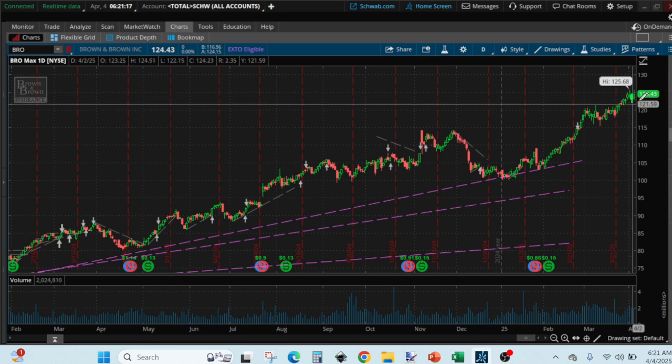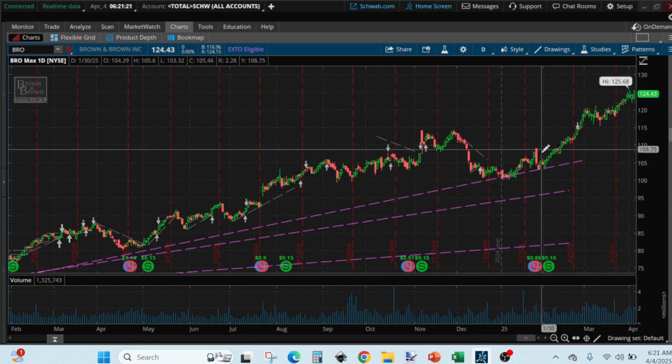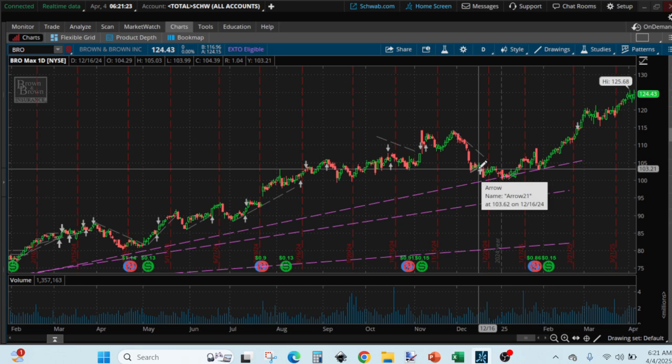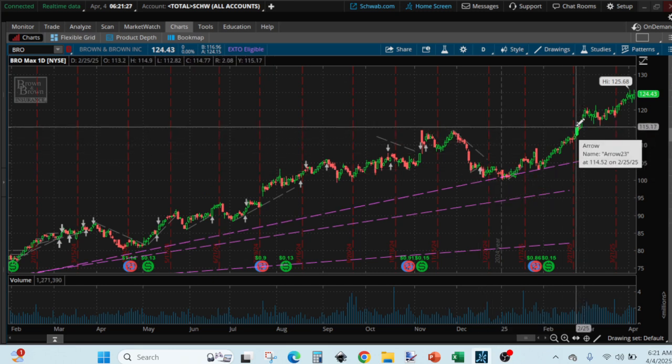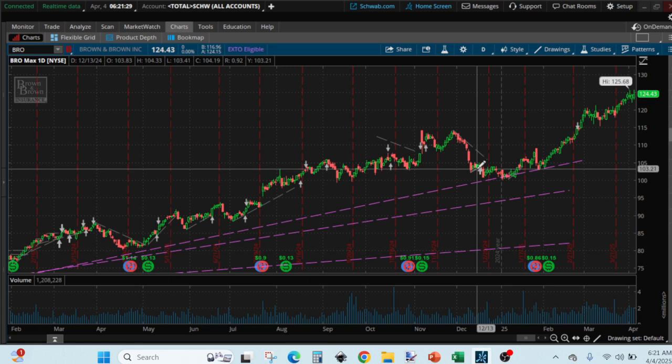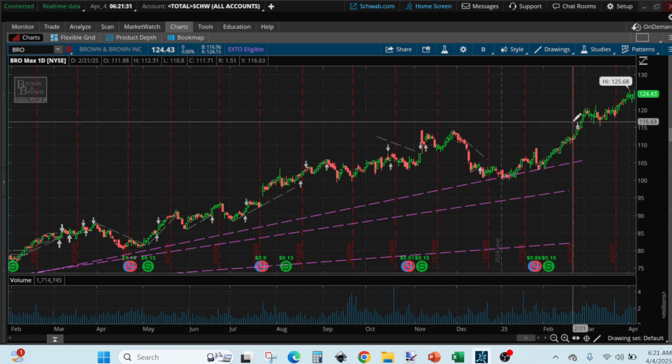We have a bunch of green bars there. So yesterday it went up as well. Okay, so we bought it somewhere here and we sold it there. So that's a nice profit right there.